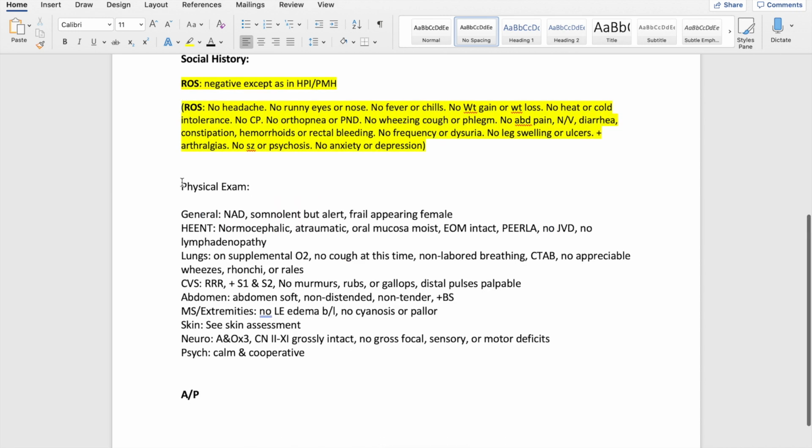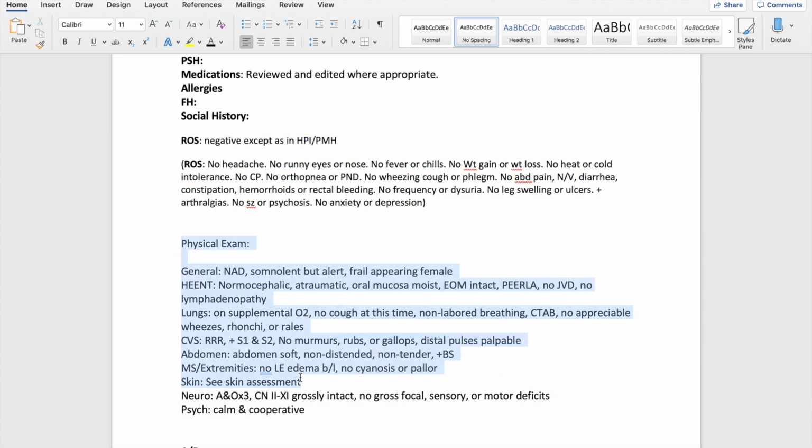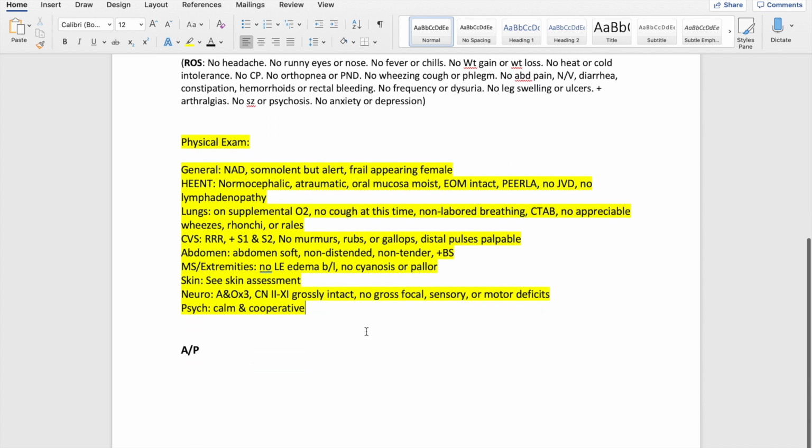And then down here, the rest of the objective data, the physical exam part of your documentation, is now what you physically assessed on your patient. Of course, I just went in and filled in some of these things to show you guys an example. No acute distress, patient somnolent but alert, or the patient is awake and alert, oriented.